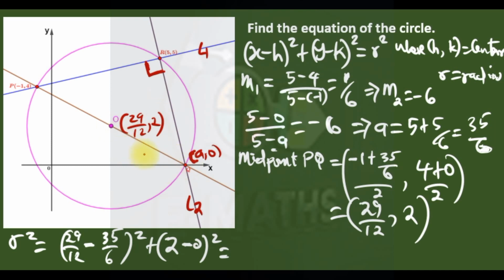So we are getting the radius. The radius is now the distance. 29 over 12 minus 35 over 6 is -41 over 12.